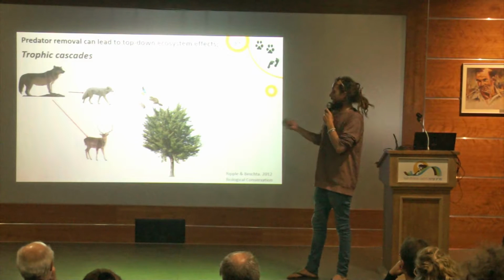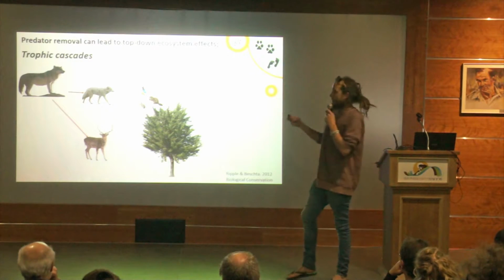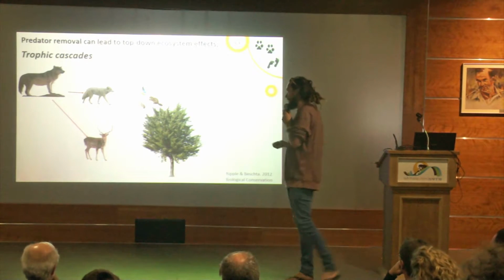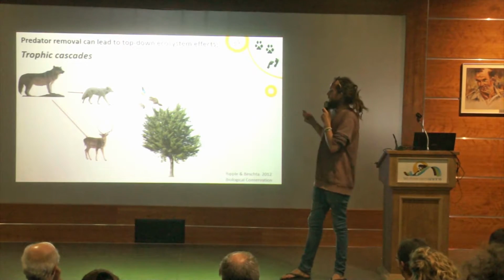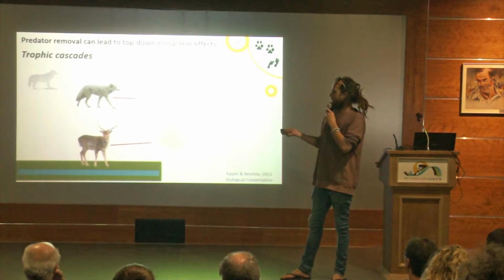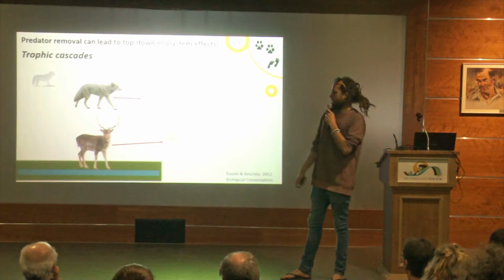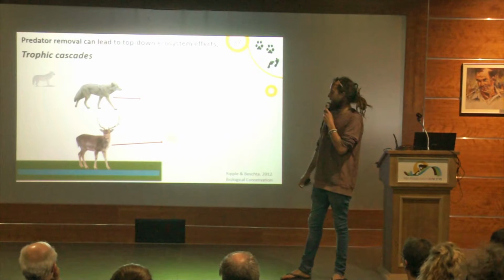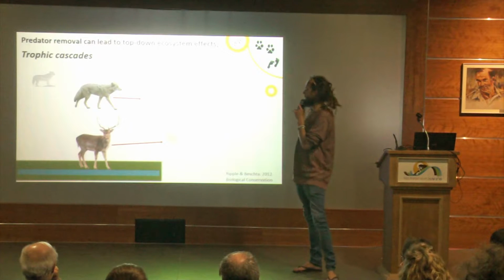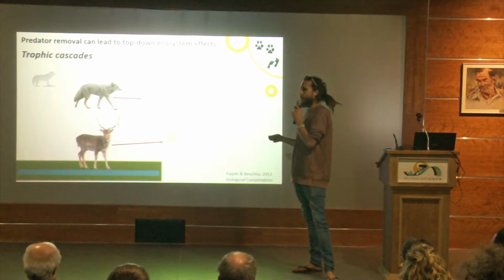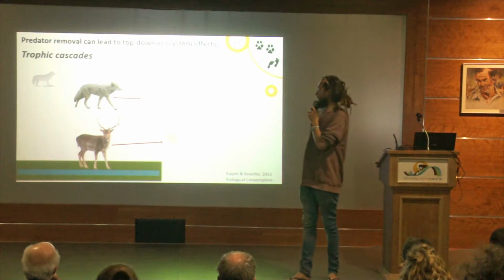Yellowstone was a really good example of the prey impacts of trophic cascades. They got rid of wolves in the 20s, and there was a massive increase in the deer and elk and red deer populations and the mesopredator coyote populations. But the elk and red deer made a massive impact on the ecosystem.